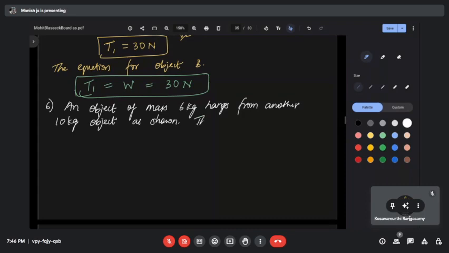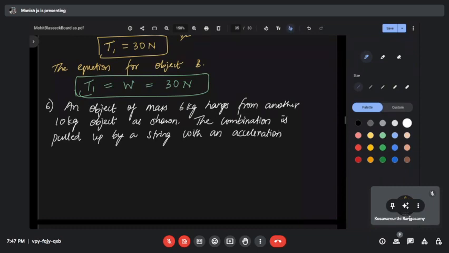The combination is pulled up by a string with an acceleration of 2 meters per second square.